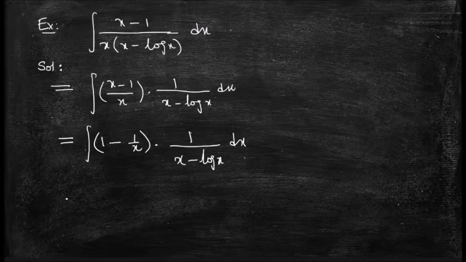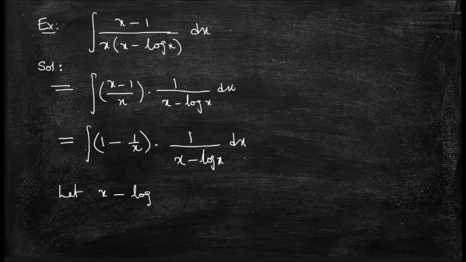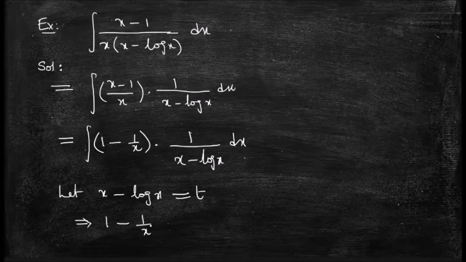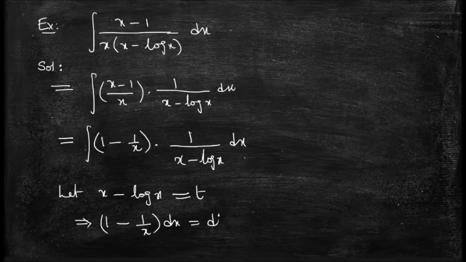Now I am supposing let x minus log x is equal to t. Now on differentiating, I will get differentiation of x is 1, differentiation of log x is 1 by x, dx is equal to dt. Now if you look at the problem, 1 minus 1 by x is there, dx is there. I can replace it as dt.